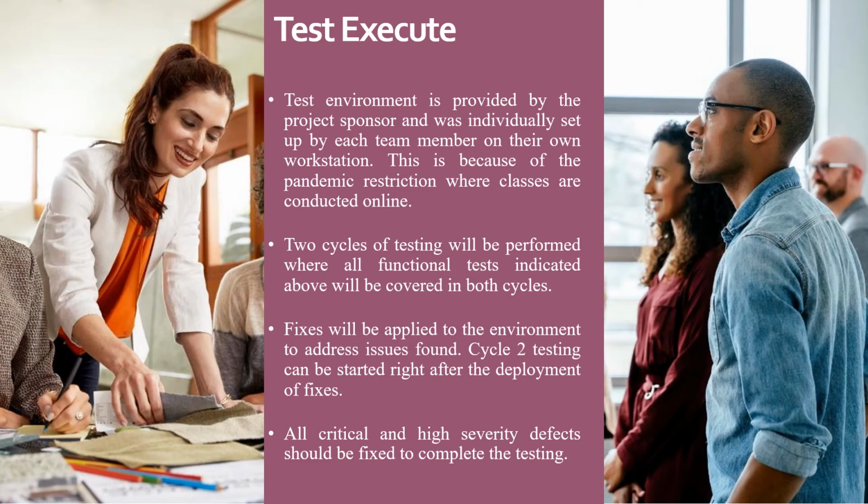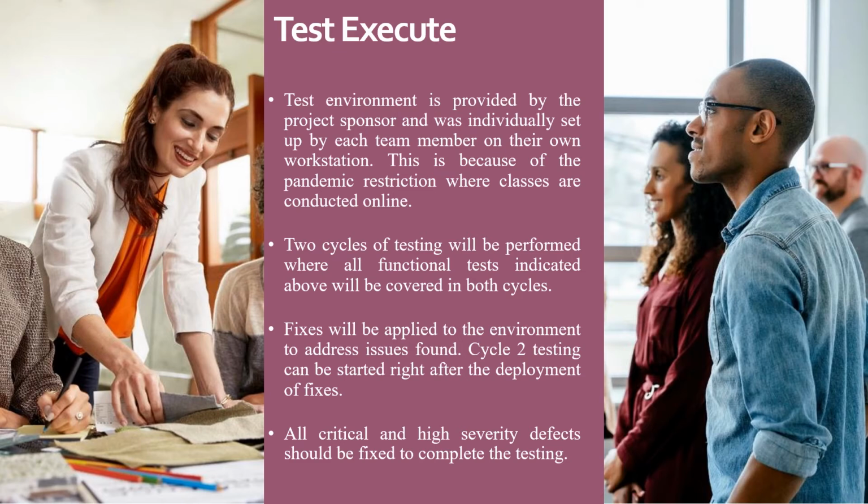Approval may be required to proceed to the next cycle. The fix will be applied to the environment to address the issues found, and the second cycle testing can be started right after the development of the fix.